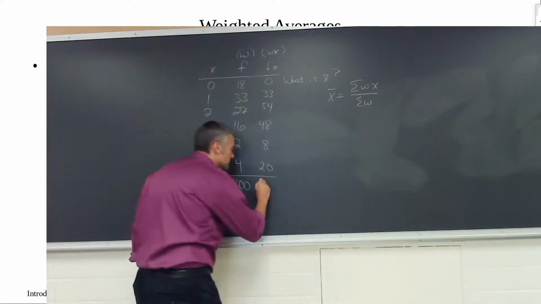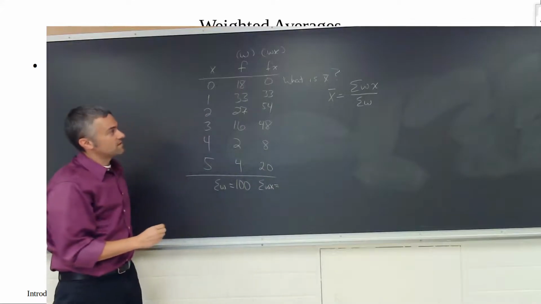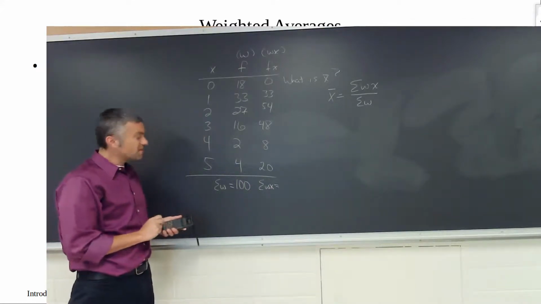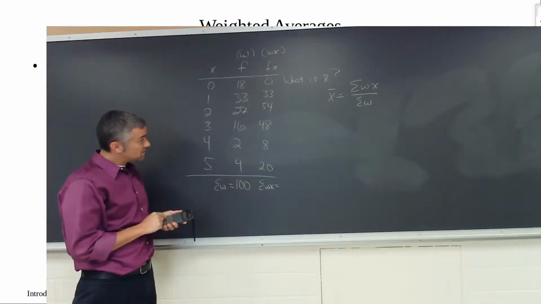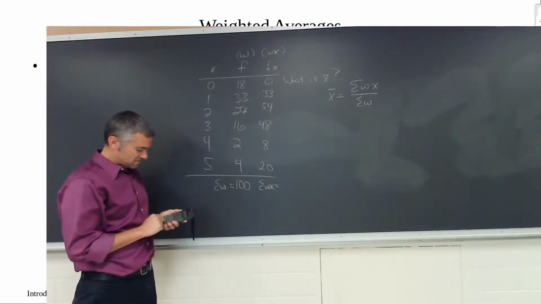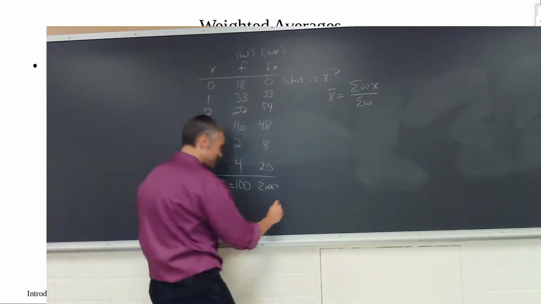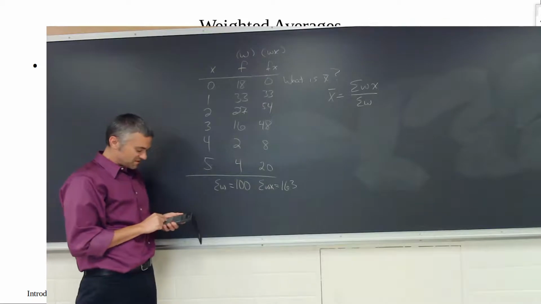And then what we have to do is add up this column. All right. Pull out my calculator, add this up. I got 163.